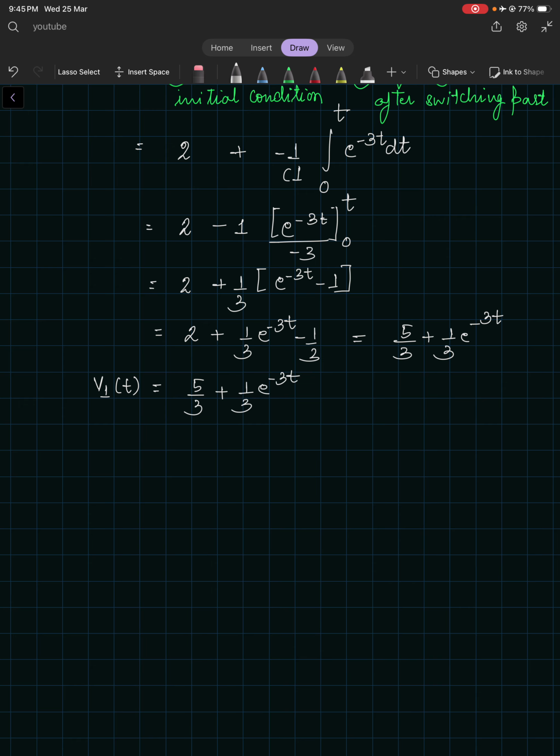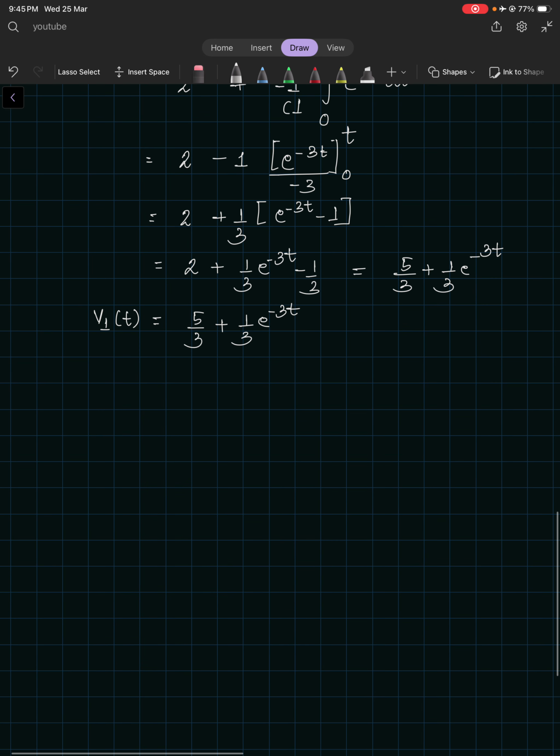Let's see whether it satisfies the initial condition or not. At t equal to 0, initially it was charged to 2 volts. When you are solving the equation, it is always good to cross verify the initial conditions. If I put t equal to 0, the exponential becomes 1, 5 by 3 plus 1 by 3 is 6 by 3, which is 2 volts.